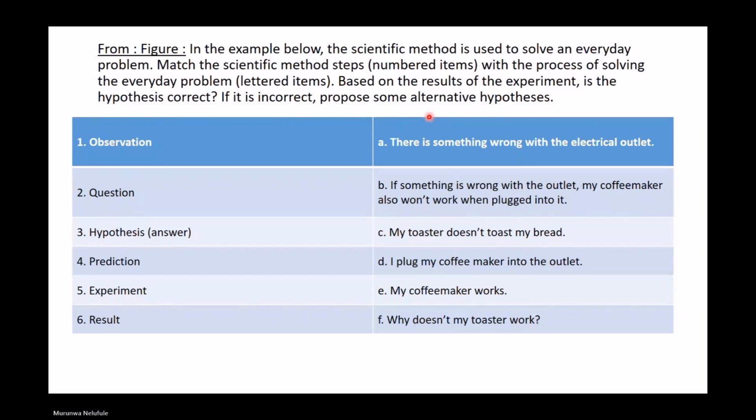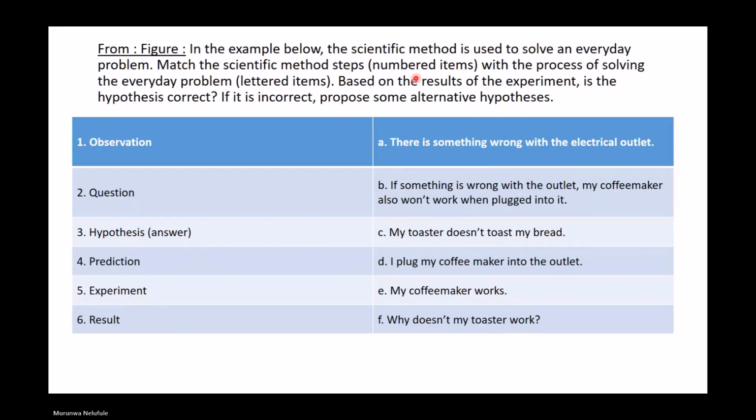Okay, observation will be my toaster doesn't toast my bread, I think. I'm not sure. This will be number what? That will be C. Observation, yes. And then a question will be, why doesn't my toaster work?